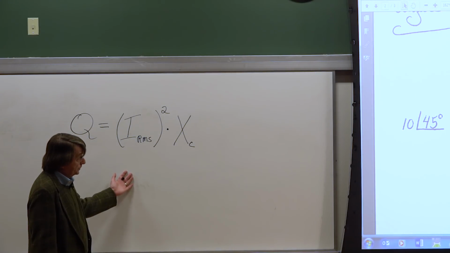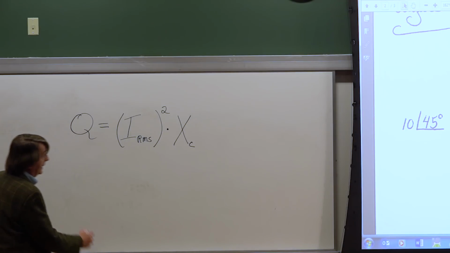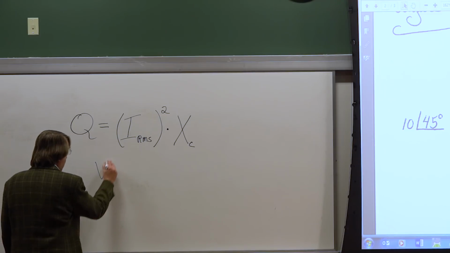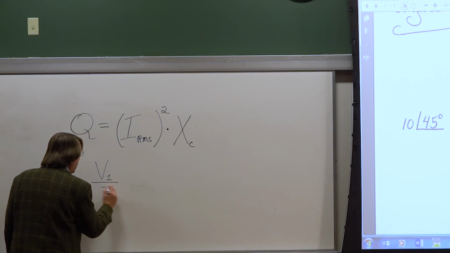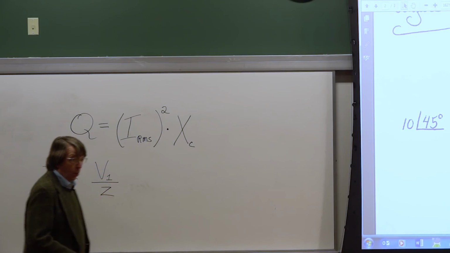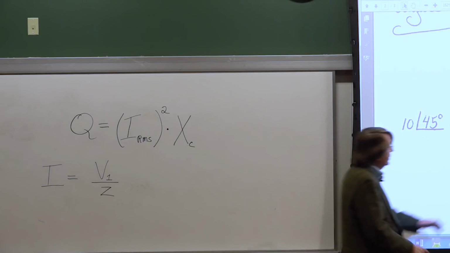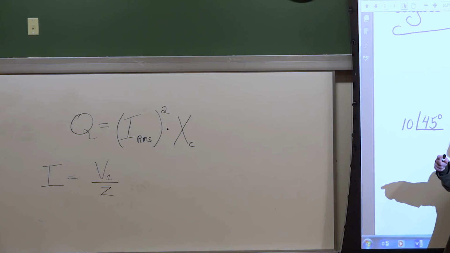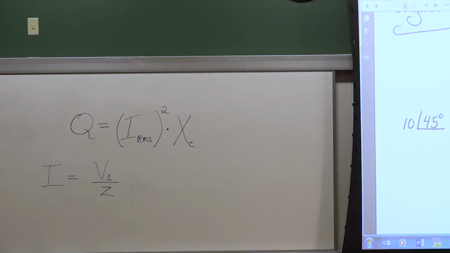So, my colleagues, I'd like to get I. So, I is going to be V1 divided by Z, where Z is the impedance of this here. My colleagues, if this was a Chapter 2 problem, and I asked you for the current, and this was R1 and R2, I'm hoping you would say, oh, that's just V1 divided by the sum, R1 plus R2.